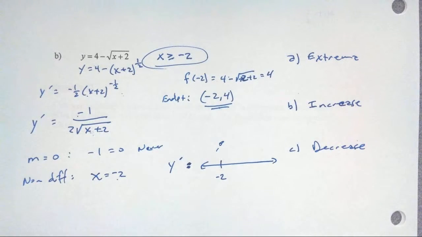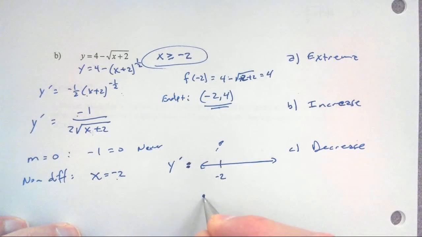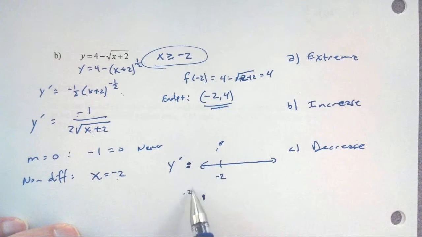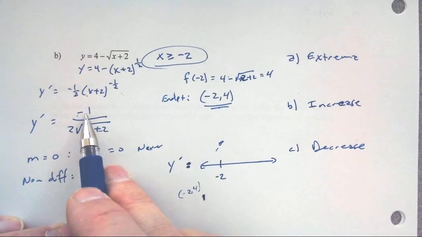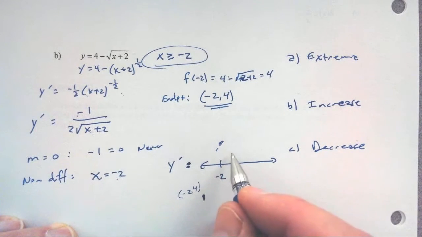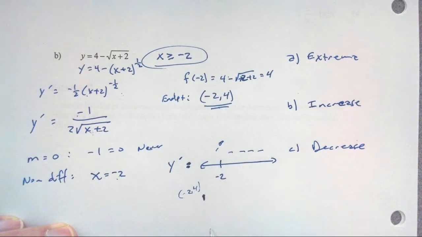So wherever my point is at negative 2, it's like coming down straight out of there. Actually, this would be negative 2, 4. We know that. It wants to be coming down as we're moving to the right, straight out of there. Now, as we proceed to put bigger and bigger numbers in, we still get a negative over a positive, so my slope stays negative forever. The graph's going to look like this.